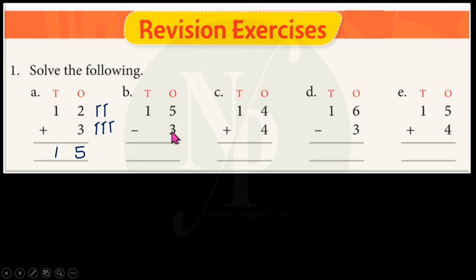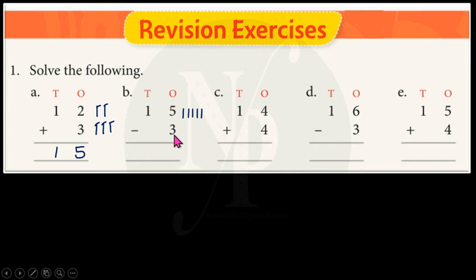We subtract starting from the ones column or ones place of these numbers. So here we have to subtract 3 from 5. Let me draw 5 standing lines here, 1, 2, 3, 4, 5. We need to subtract 3.